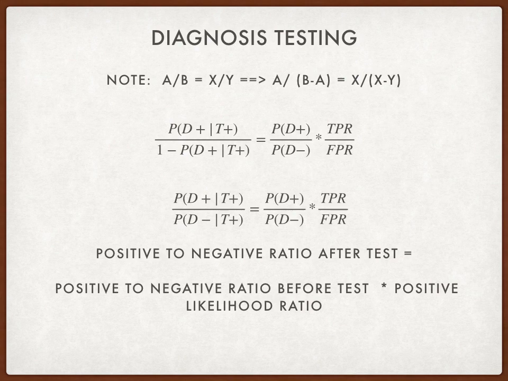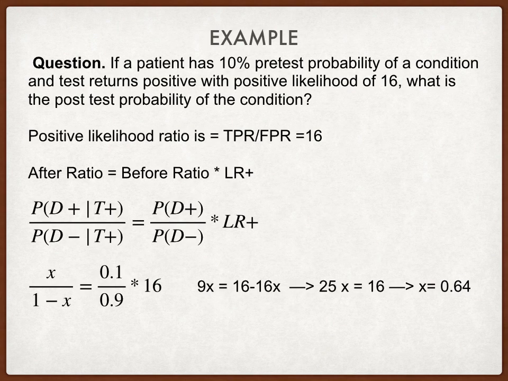Now, an example. Okay, in this example, we know that the population of patients has a 10% chance of having a condition, right? 10%. And the test returns positive with a positive likelihood ratio of 16. What is the post-test probability of the condition?